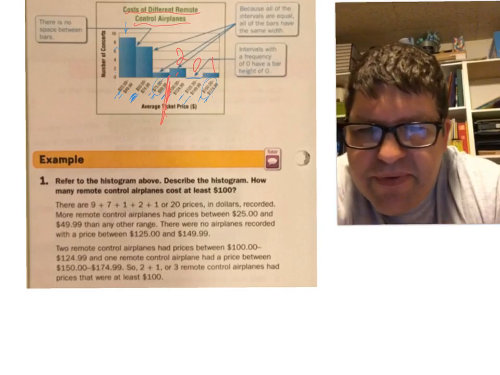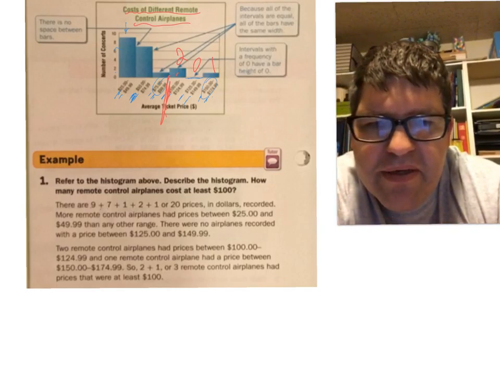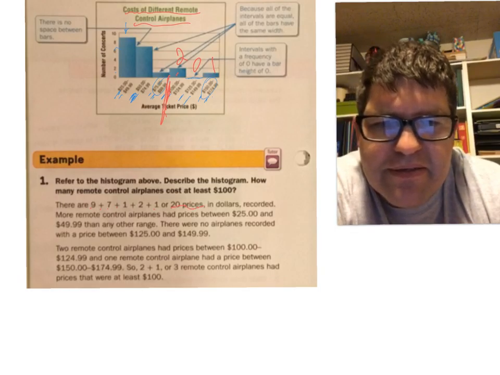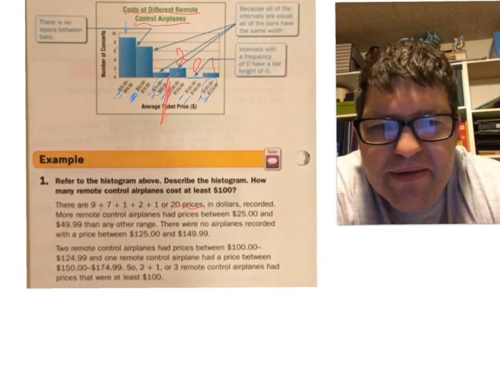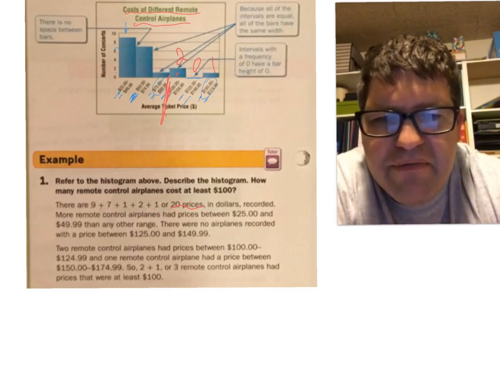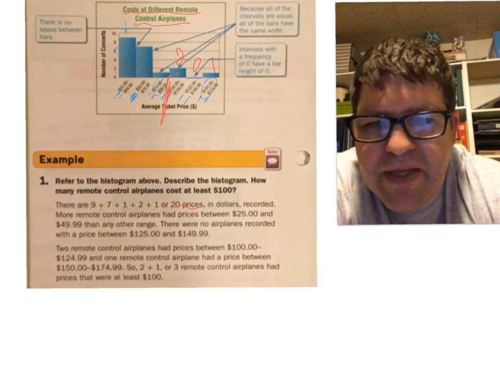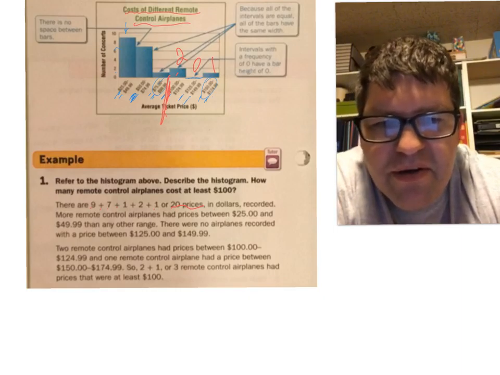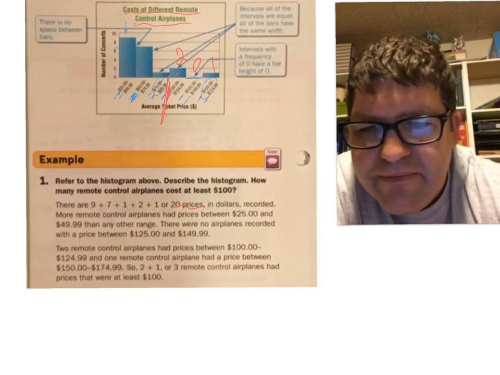Let's see what they say there. There are 9 plus 7 plus 1 plus 2 plus 1, so there's 20 prices in dollars recorded. More remote control airplanes had prices between $25 and $49.99, which is what we said, than any other range. There are no airplanes recorded with a price of $125 to $149.